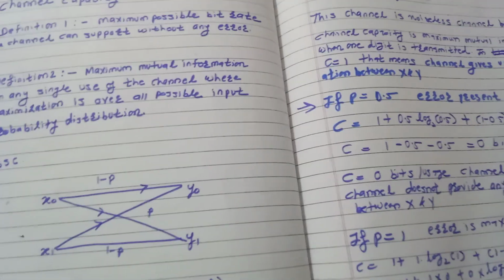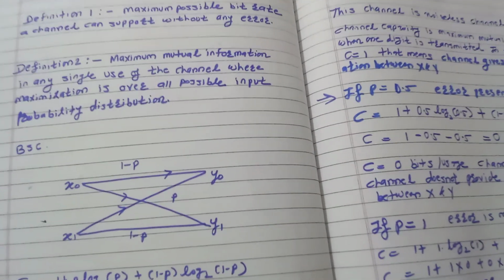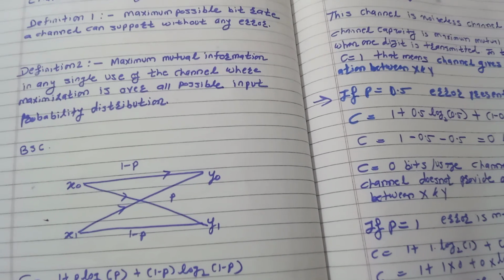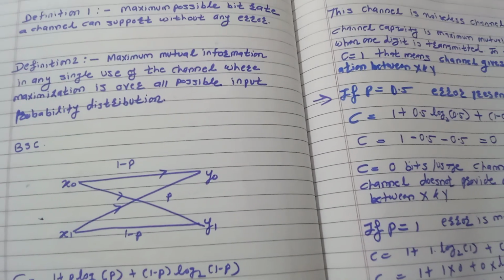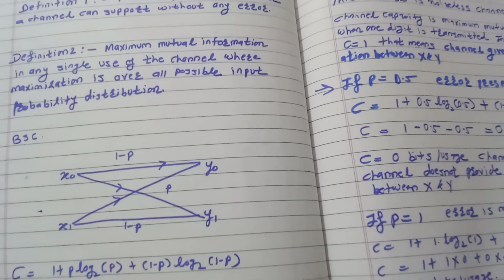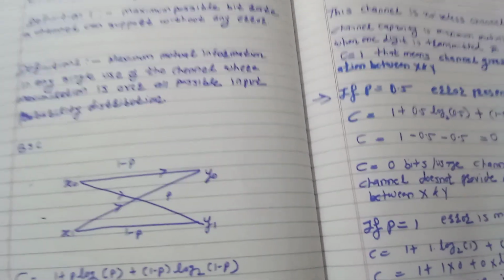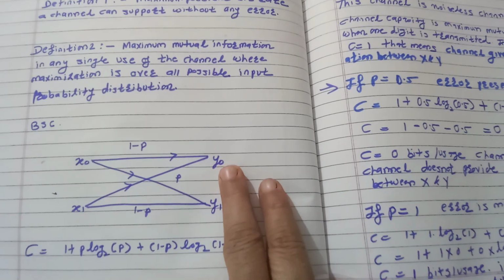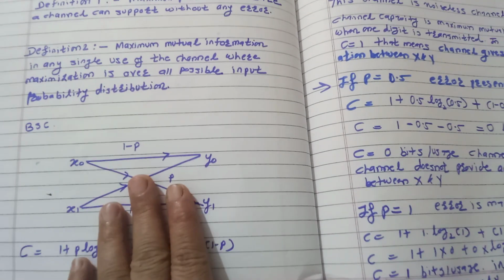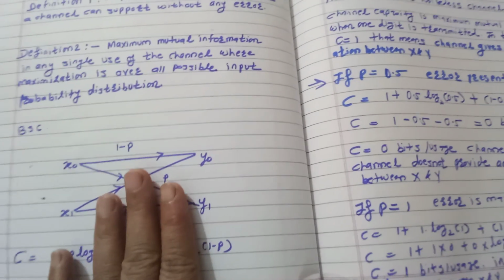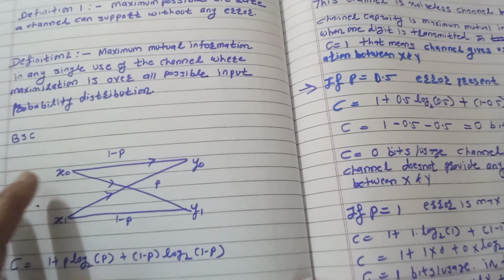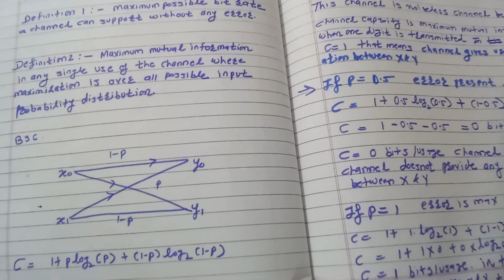Capacity is again nothing but the mutual information, the maximum mutual information. So capacity is equal to 0, that means this channel is not providing any information to you of what was sent. If you got Y naught, capacity is 0, that means this channel is not providing you information whether X naught is transmitted or X1 is transmitted.